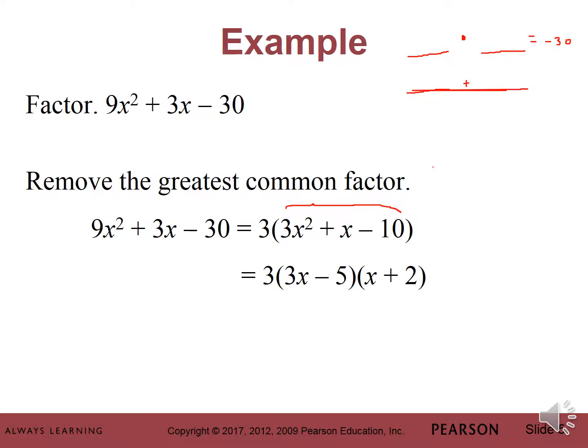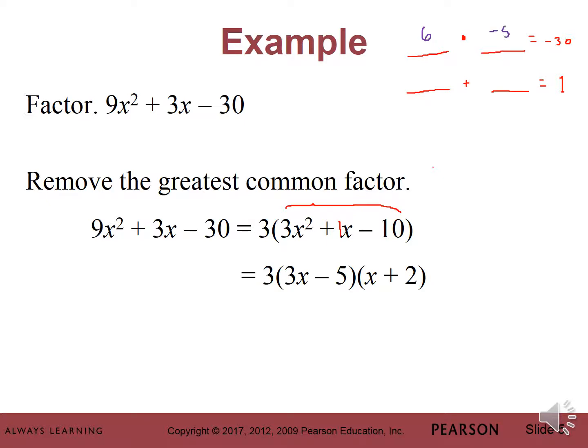Okay. Let's erase that. Let's see. I want 2 blanks there. B is 1. Okay, right? That's B right there, that 1.